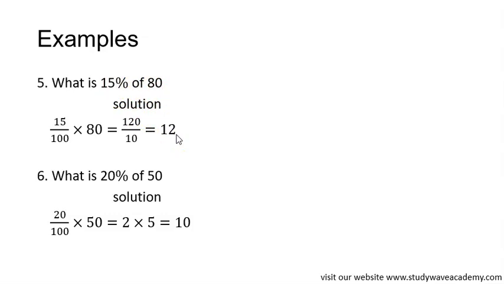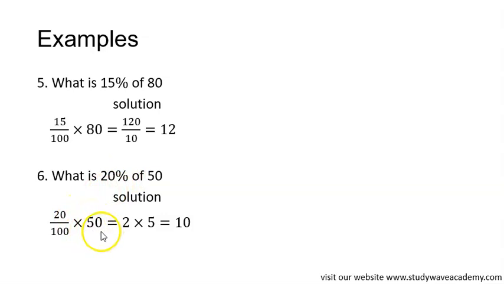Good. The next one we have, what is 20% of 50? How do we do that? We do it the same way, okay? There's no difference. So 20 over 100, the 100 represents percentage, correct? Times 50.